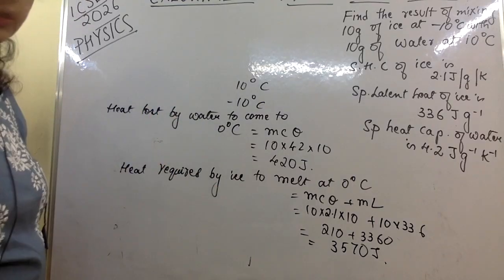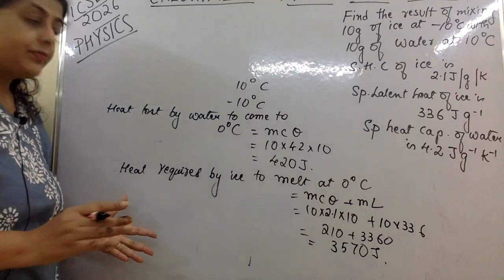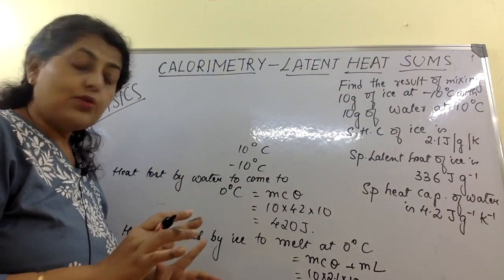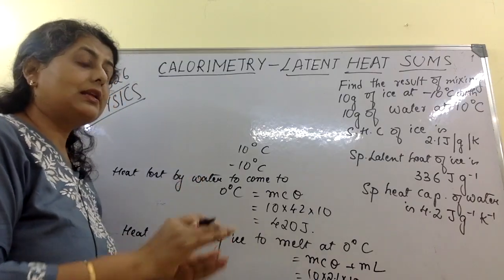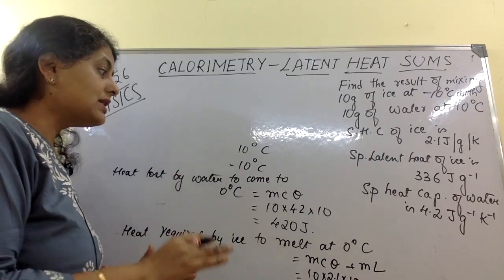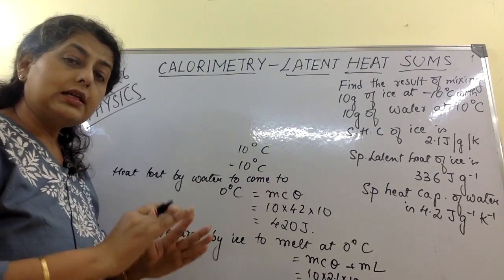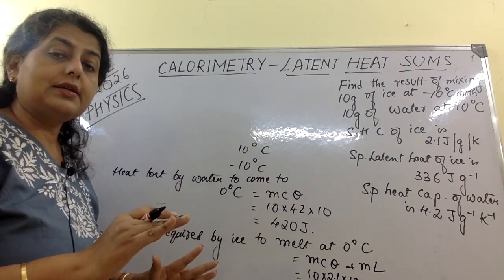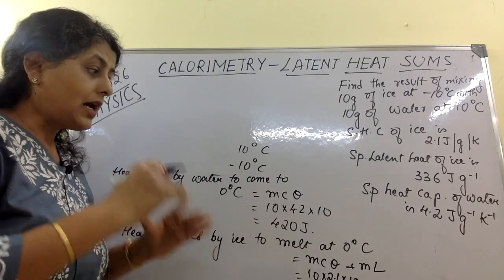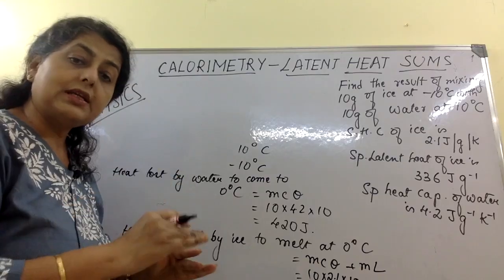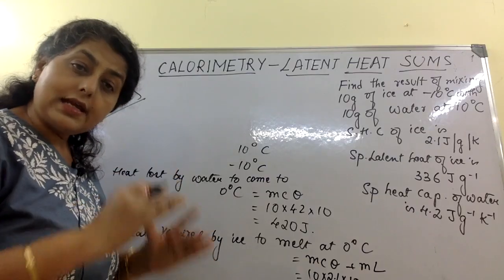So now what will happen? What can happen is the full ice will not melt. Only some ice will melt and be at 0 degree, because unless the entire ice has melted, the temperature of the ice water mix can't even go above 0 degree. It will remain at 0 degree till the entire ice has melted.